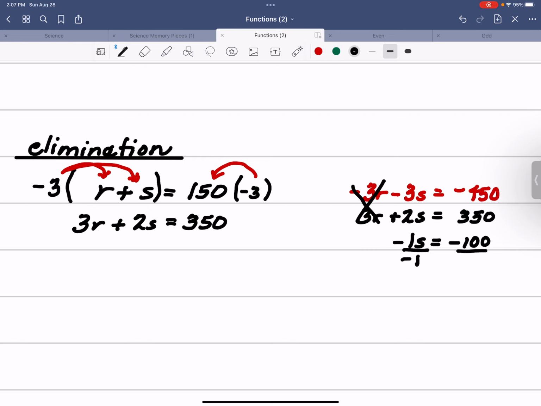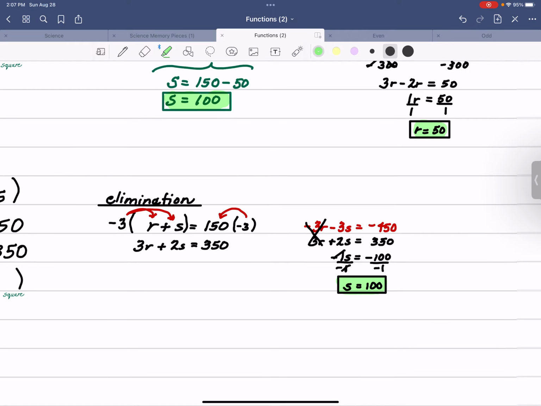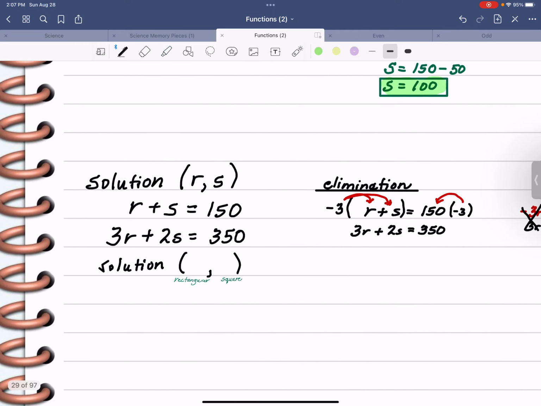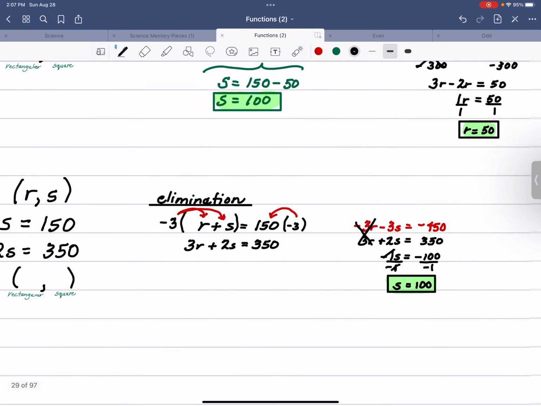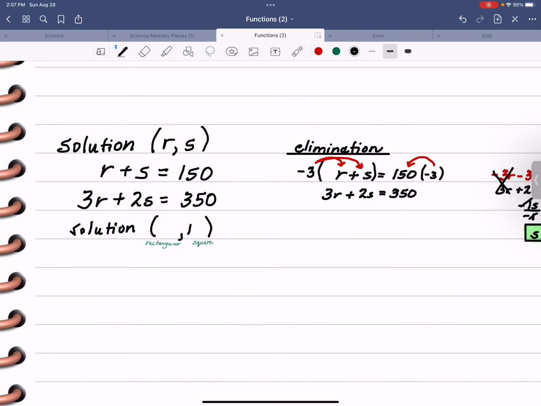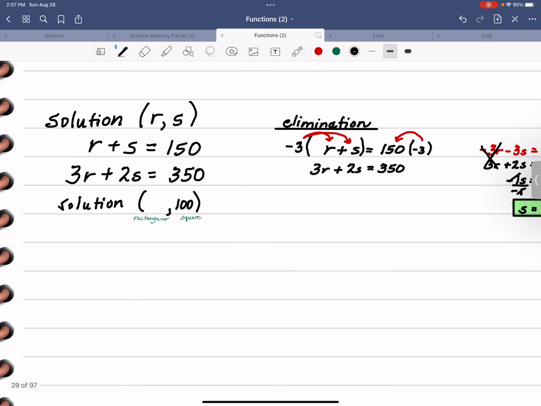And then s would be positive 100. And so I am left with my s term in the coordinate. So here's the s term. The squares are, what did I say, 100? Okay. Now let's figure the r's.